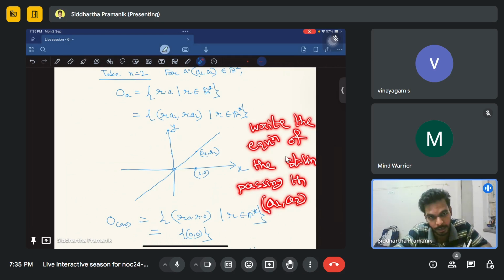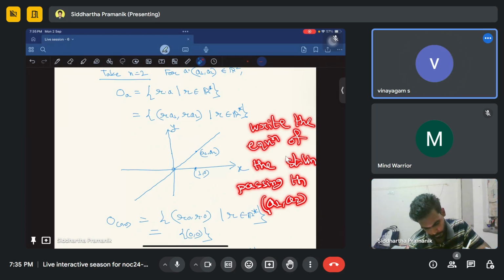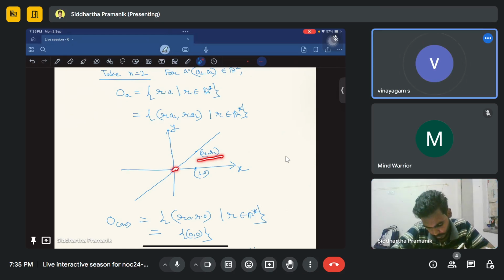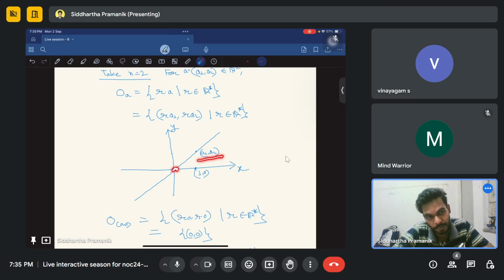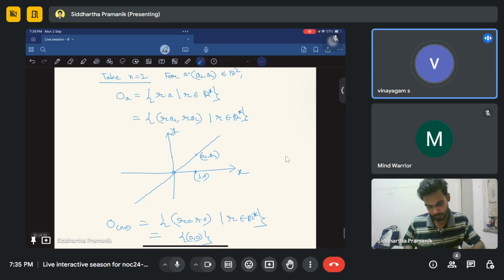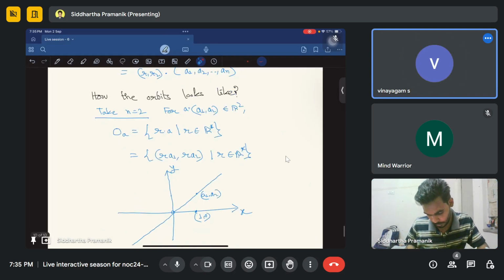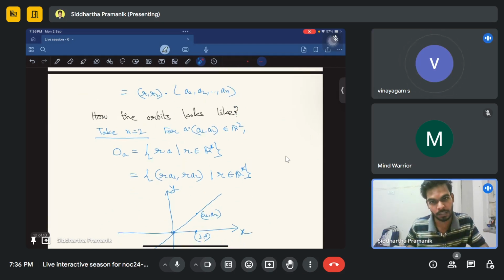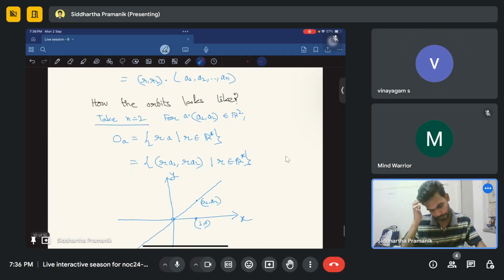Then I think you can realize that every point of that line is of this form. Try it on your own. If you still have doubt, you can ask me in the next session.